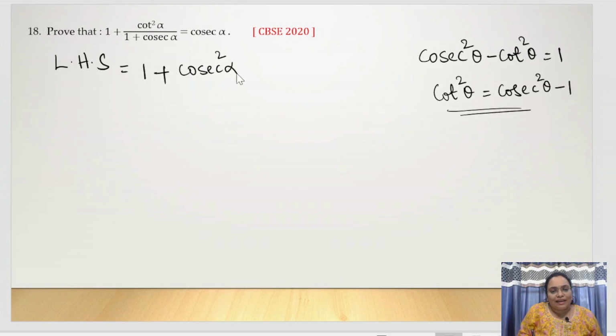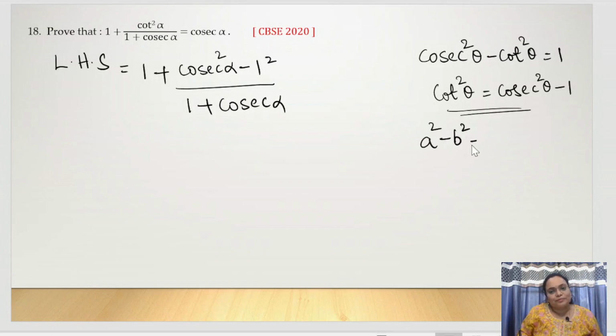Just put cot square alpha is equals to cosecant square alpha minus 1 in the place of cot square alpha, which is cosecant square alpha minus 1 divided by 1 plus cosecant alpha. Okay. So if you see the numerator, cosecant square alpha minus 1, I can write it as cosecant square alpha minus 1 square. So this is in the form of a square minus b square. Okay, a square minus b square.